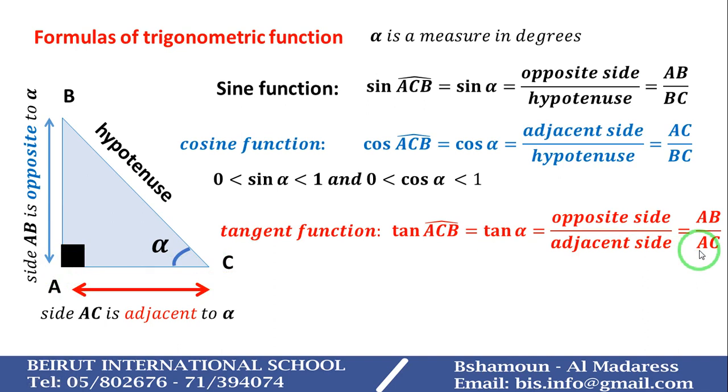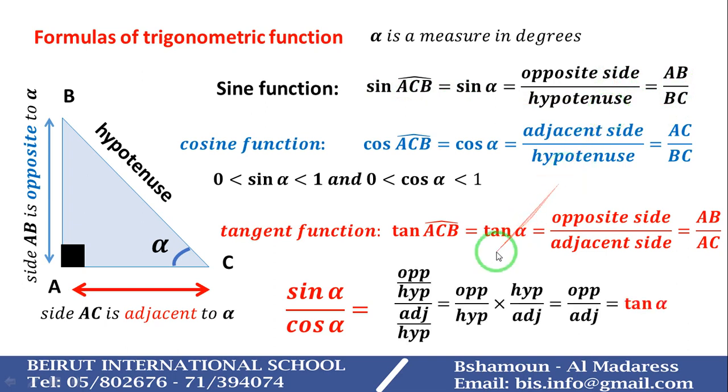Now, let's try dividing sine alpha by cosine alpha. Sine alpha is equal to opposite over hypotenuse, and cosine alpha is equal to adjacent over hypotenuse.